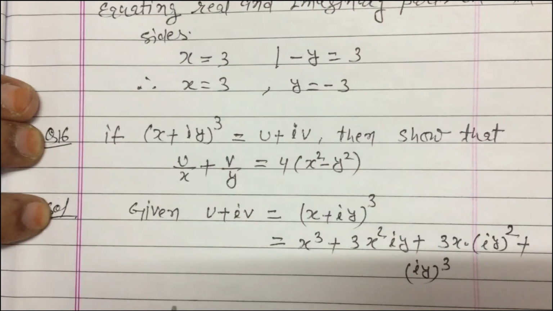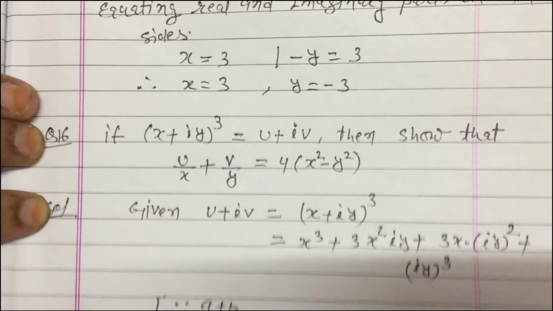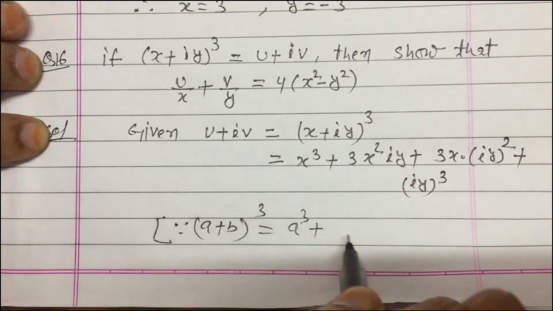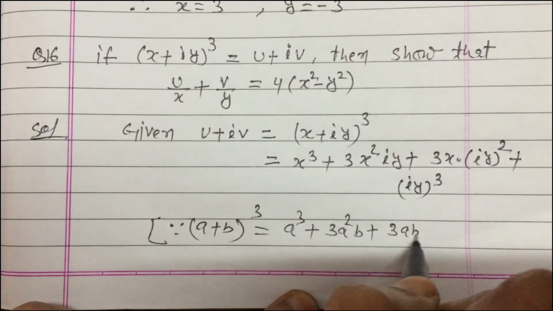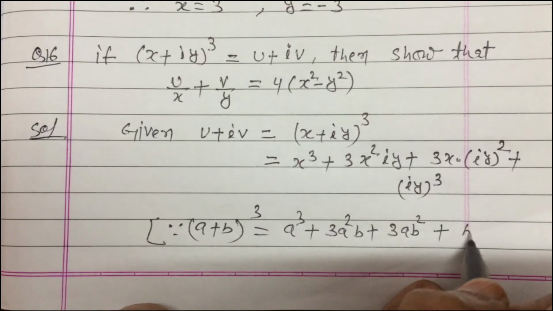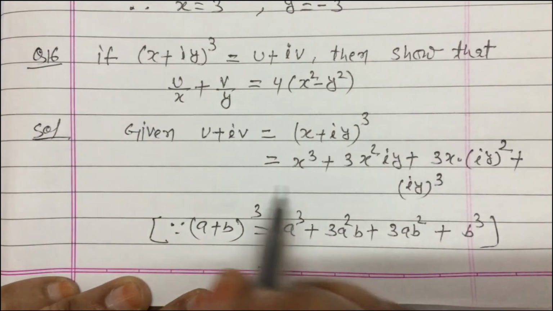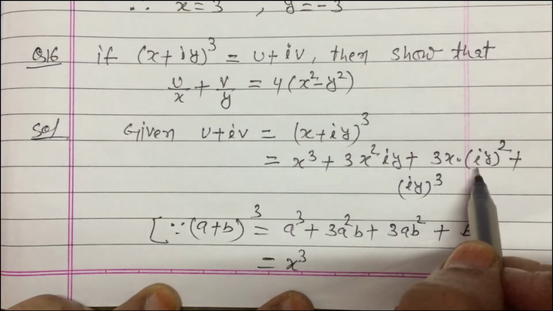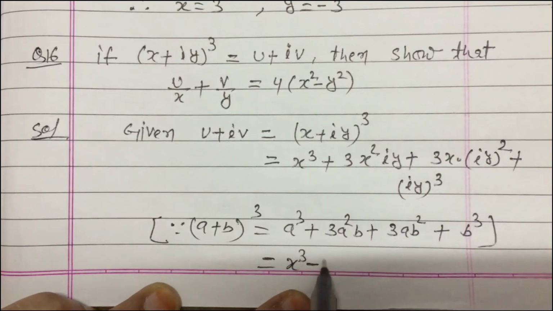Here you can write the identity: (a plus b) whole cube is a cube plus 3a square b plus 3ab square plus b cube. Now simplify this term. It is x cube, and here it will be i square. i square means minus 1, so you will get minus 3xy square.